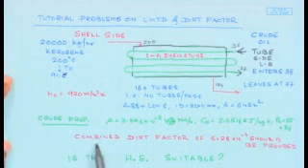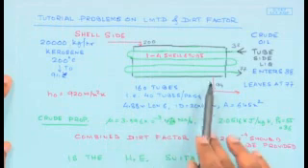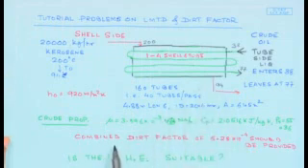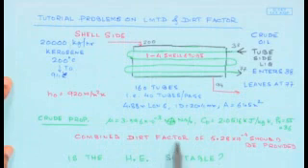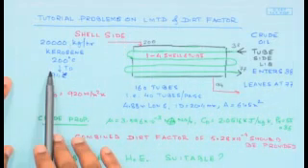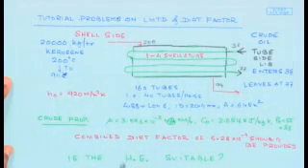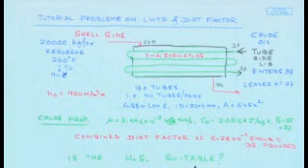It has been mentioned that this shell and tube heat exchanger should provide a combined dirt factor of 5.8 into 10 to the power minus 4. So, based on the data provided here, we have to make a judgment of whether the heat exchanger is suitable for this operation.